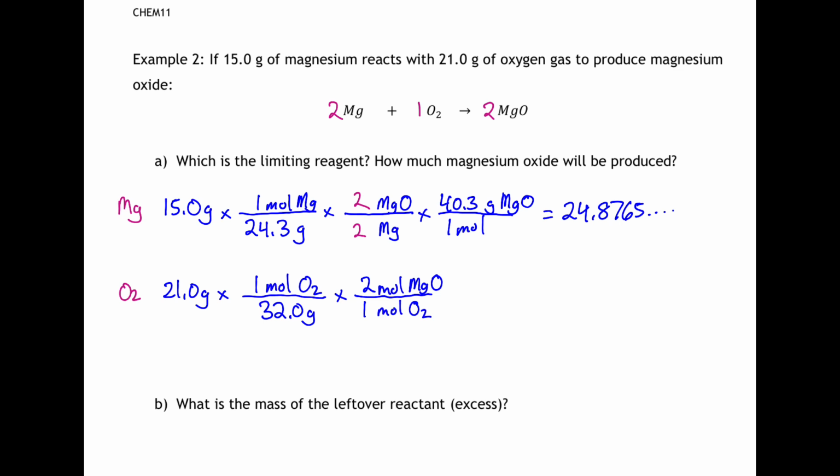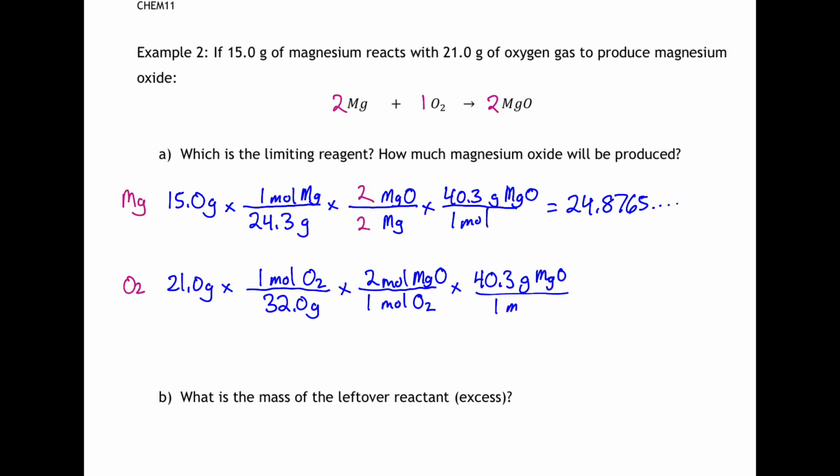So I got a 2-to-1 ratio here, and the last ending bit of the fraction is the same because it's magnesium oxide. It didn't change from one fraction to the next. So that's my fraction layout, and now I can do my calculator steps.